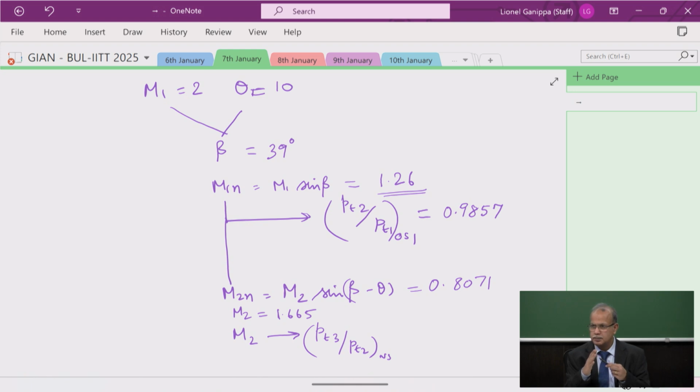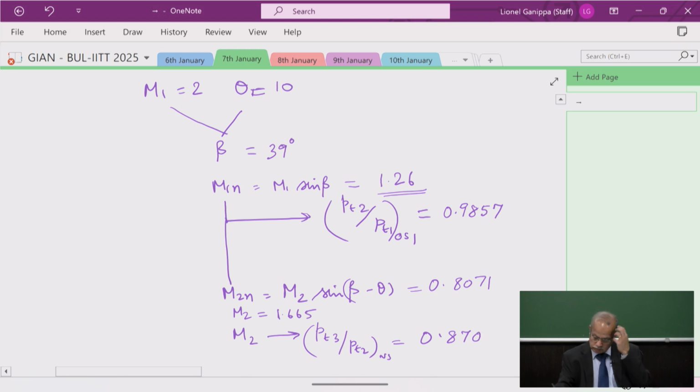It is going to go through a normal shock. It's just a normal shock. So directly you can read from the M2 value there. That's normal shock 1. 0.87.